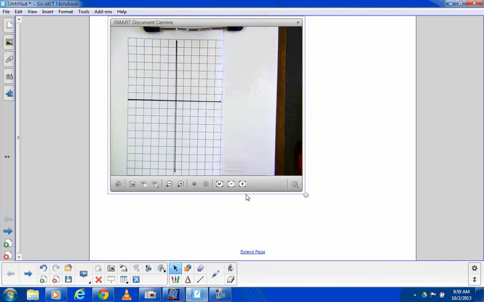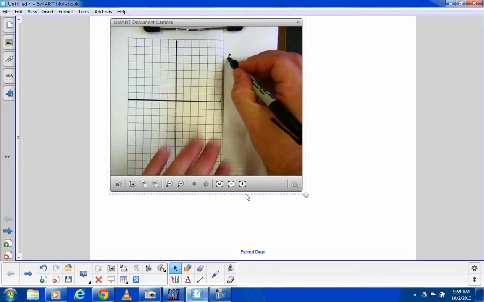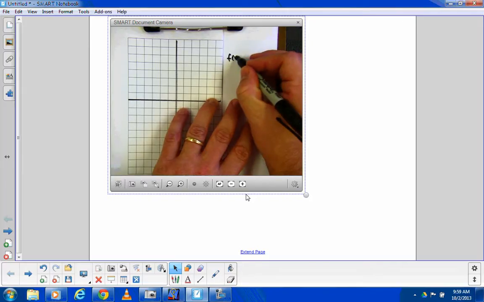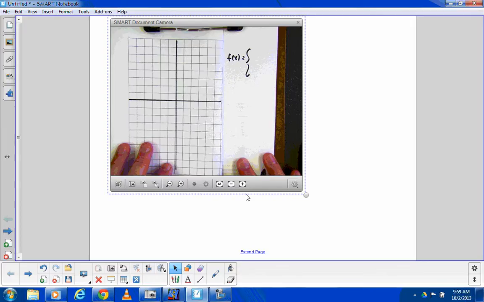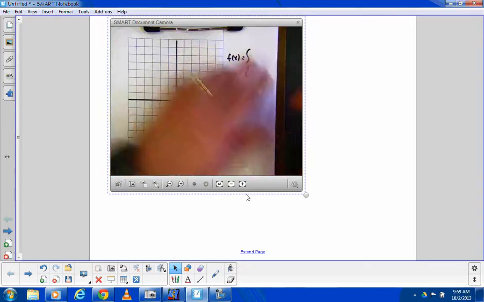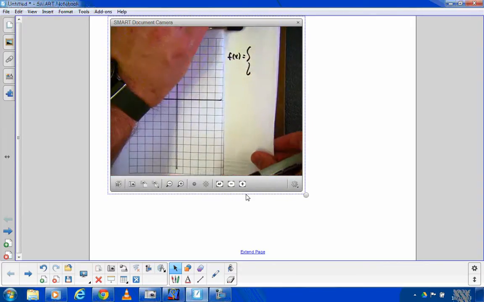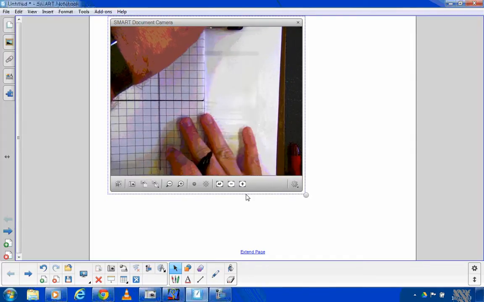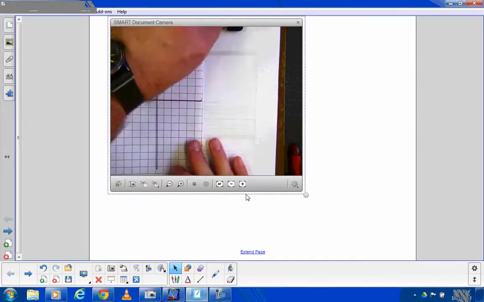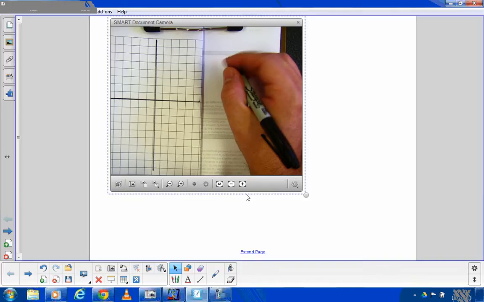All right, so let's start off with this one. All right, so we have f of x equals, and hang on, I'm going to screw it up just a minute. Let me scoot this over. Leave myself enough room over there.